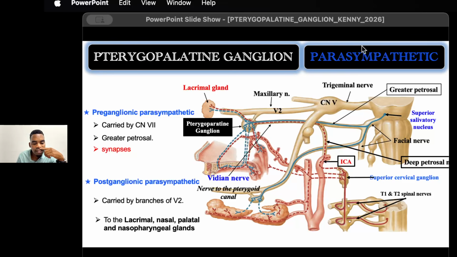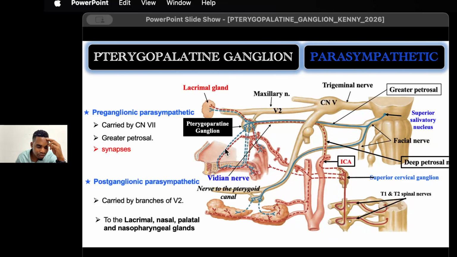Do these fibers synapse in the pterygopalatine ganglion? Yes, because the parasympathetic fibers are the only component that are synapsing within this parasympathetic ganglion of the head. And then the postganglionic fibers, after synapsing within the pterygopalatine ganglion, are also being carried away by the branches of V2, branches of the maxillary nerve, and so they are going to different places.